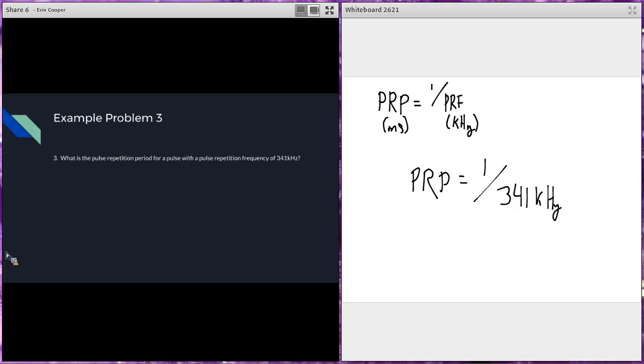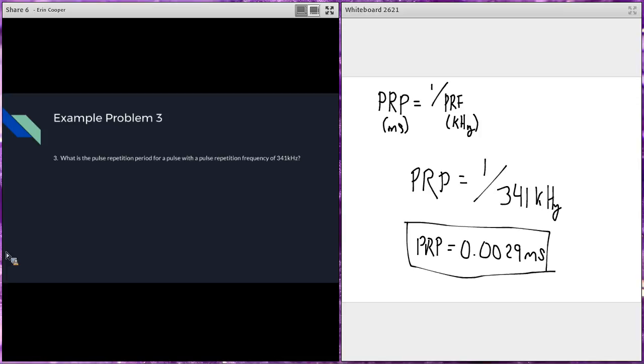So if we were to plug that into our handy-dandy calculator, we get 0.0029. And what are my units again? Milliseconds. Yes, milliseconds, because PRP is a weirdo. All right, there we go. And that is our answer here for our pulse repetition frequency. Or, I'm sorry, for a pulse repetition period.